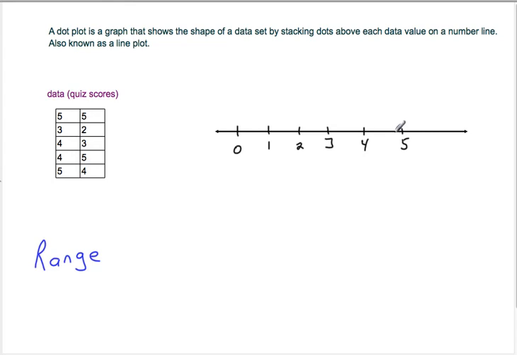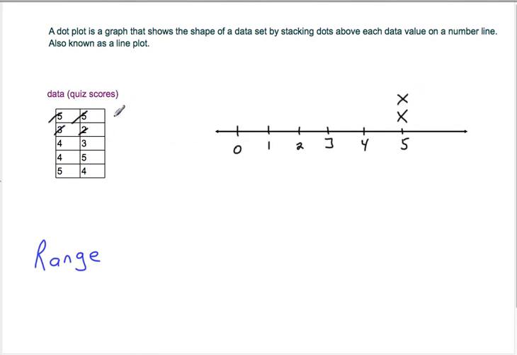I'm going to make a little symbol. Sometimes you could use a dot, which is why it's called the dot plot. You could use an X. You could use any kind of symbol you want. I'm going to go with X's. So I see a 5. So under 5, I'm going to put an X. So that represents one quiz score. That was a 5. I see another 5, so I'll put an X.